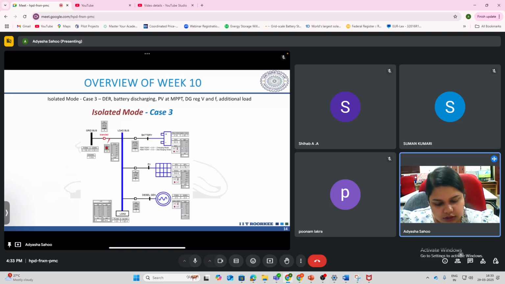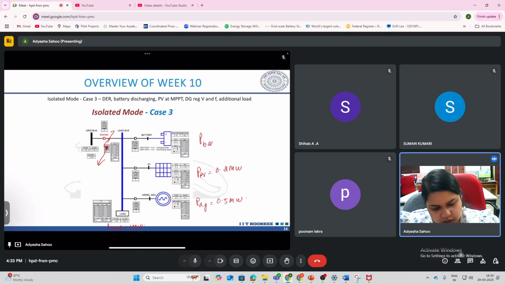Now in case 3, again we see PDG is 0.5 megawatt but the load has increased to 1 megawatt and PV is at 0.2 megawatt. Grid is absent.